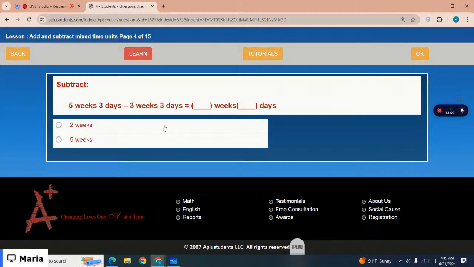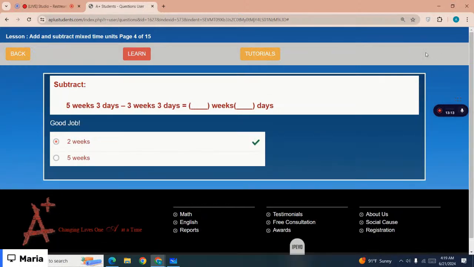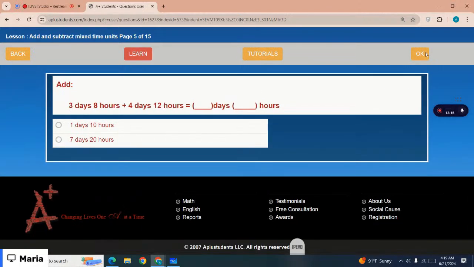Option number one is the correct option. 3 days, 8 hours plus 4 days, 12 hours, which is the correct option?